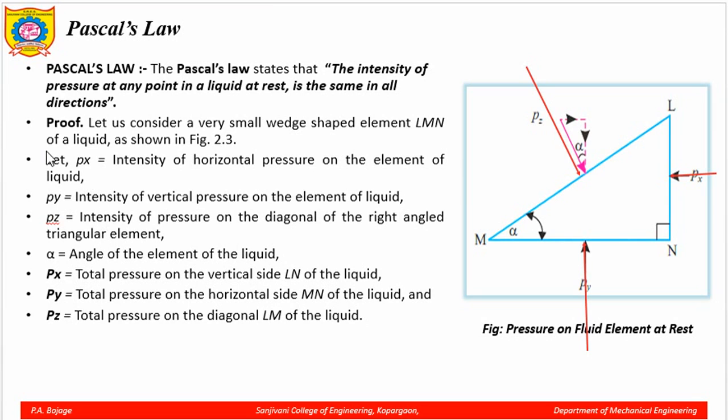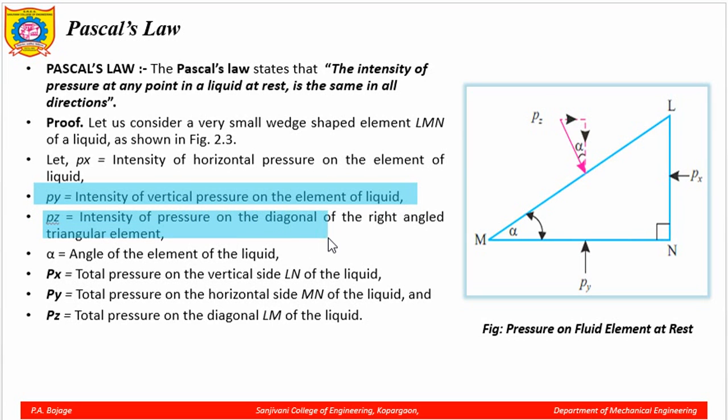So, that angle alpha is the angle of element of the liquid. Px is the intensity of the horizontal pressure on the element of the liquid, whereas Py is the intensity of vertical pressure on the fluid element. Pz is the intensity of pressure on the diagonal of the right angle triangular element, whereas this alpha is the angle of inclination for this triangular element Lmn.